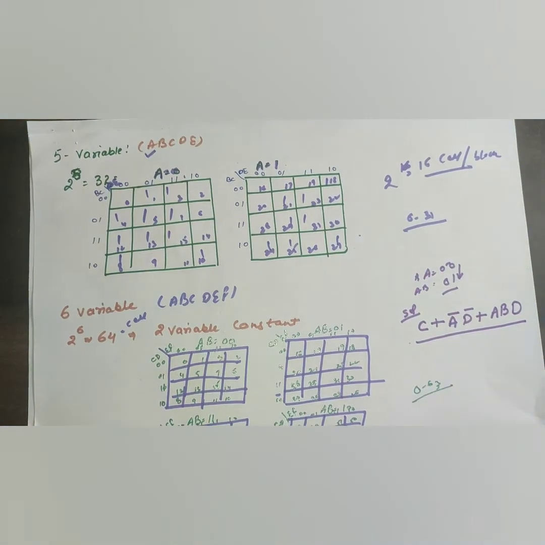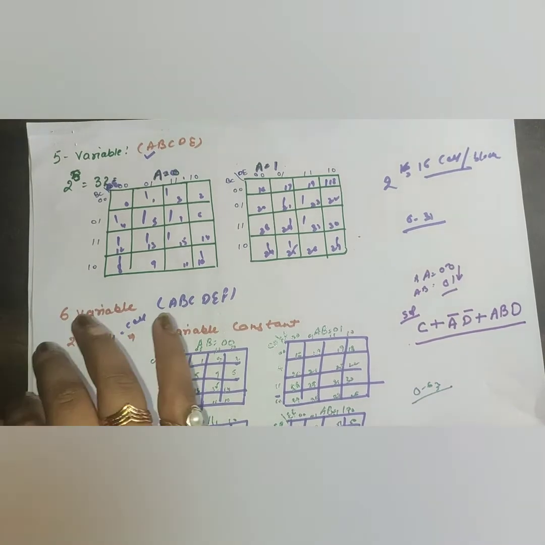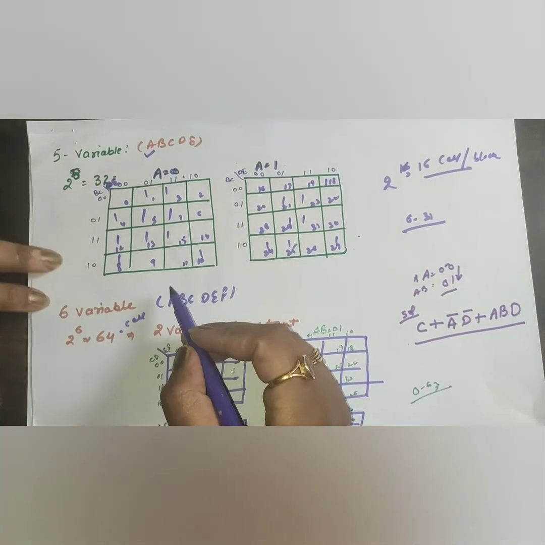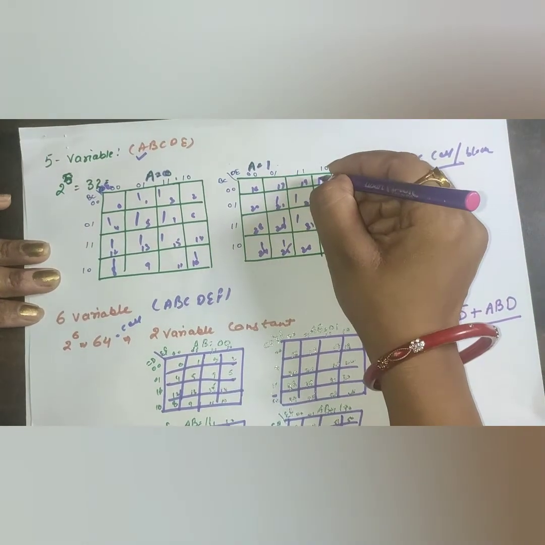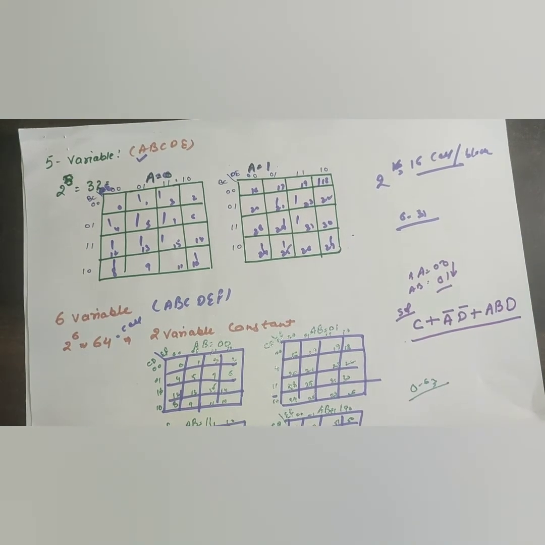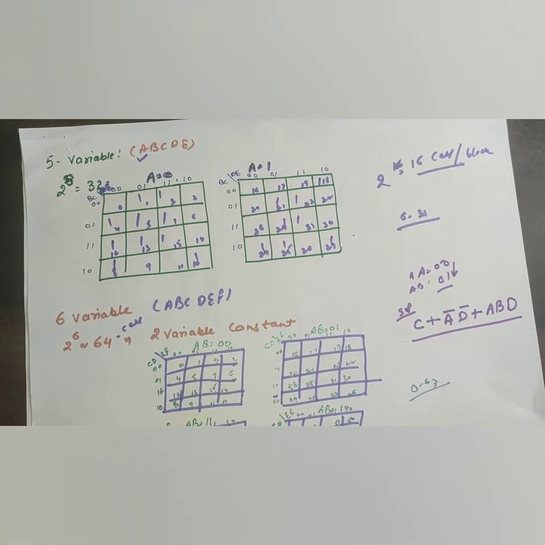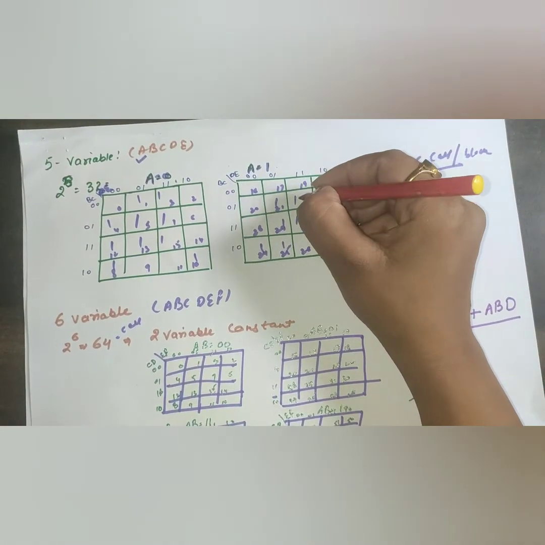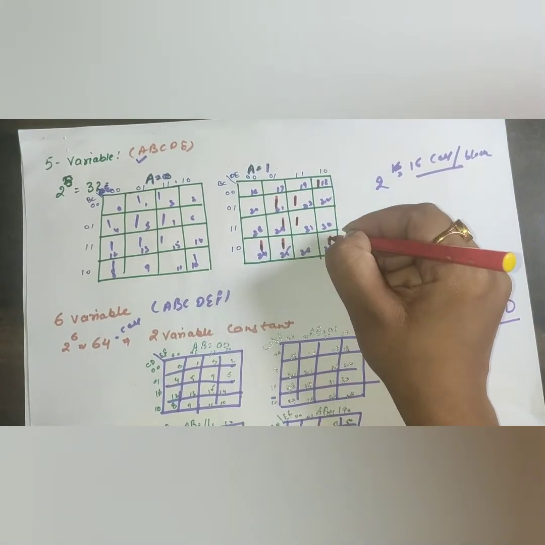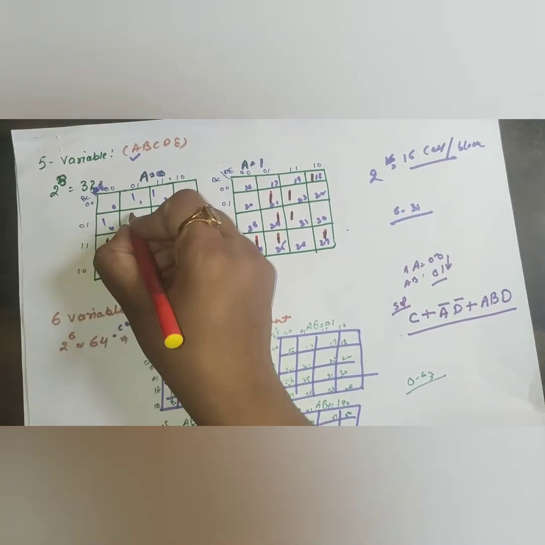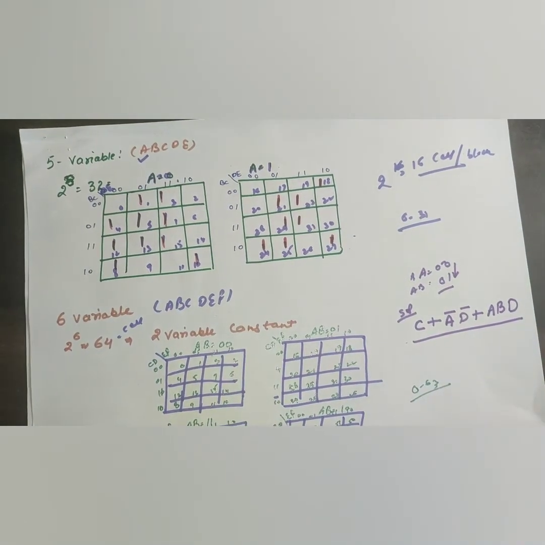First we will count the number of ones. I will write it in a different color. So this is 1, this is 1, this is 1, and so on.